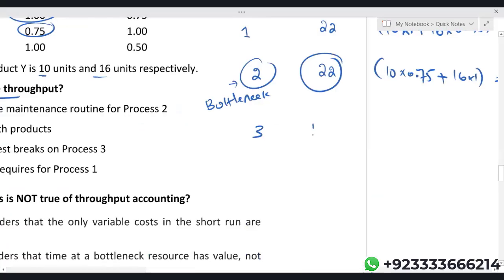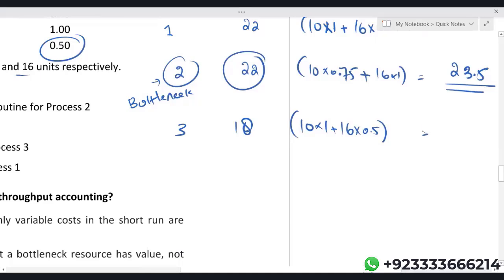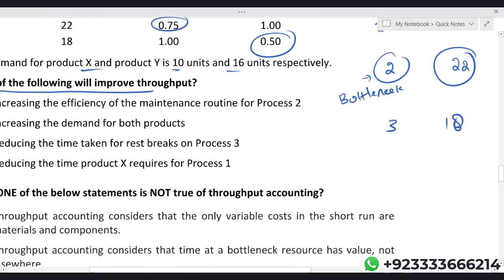Available hours are 18. 10 units take 1 and 16 units take 0.5, so simply it is taking 18 hours. Process 3: available hours are 18 and required is 18. So obviously process 2 is the bottleneck.